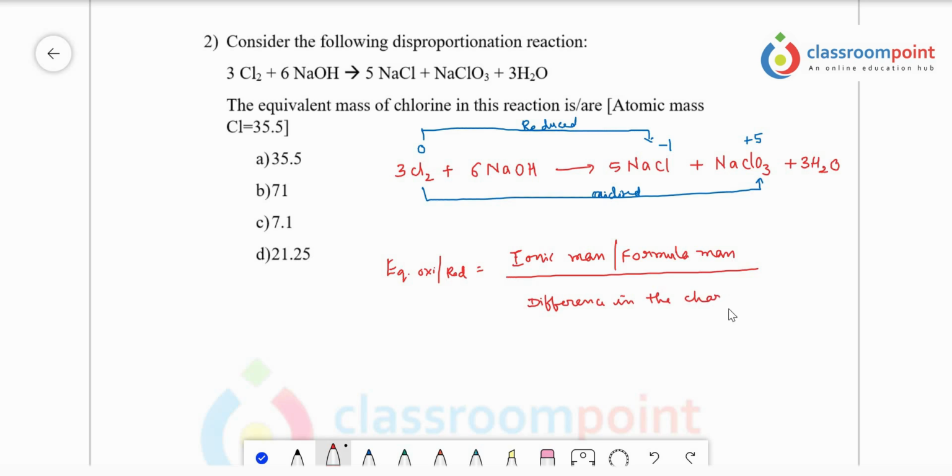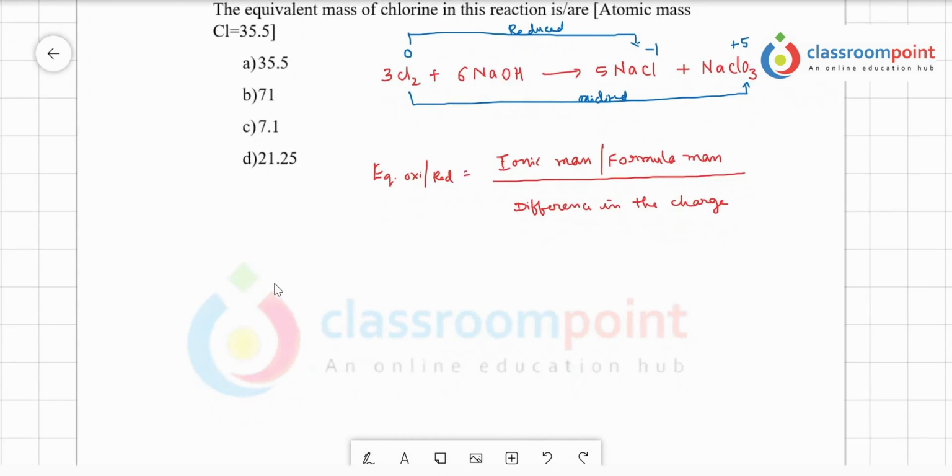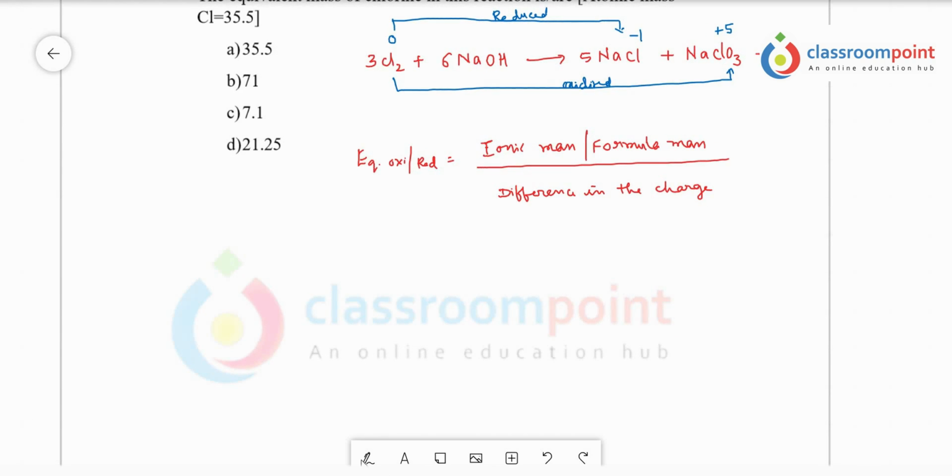Difference in the charge. This difference in the charge includes the electrons may be taken out or the electrons may be given. Let us take first of all here chlorine is converted to Cl-. So equivalent mass of the chlorine while converting chlorine molecule to the Cl-, that is a reduction reaction.